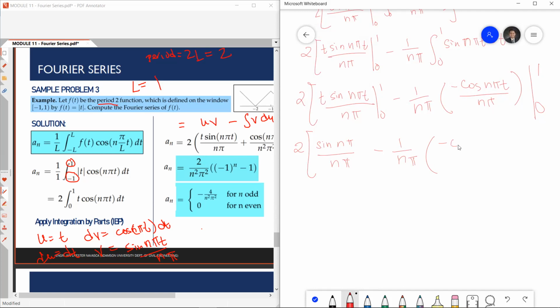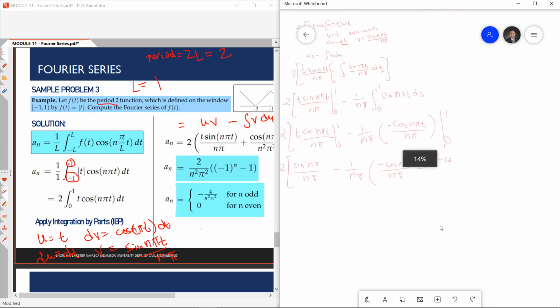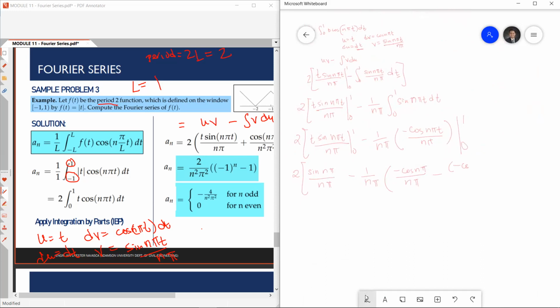Then minus yung negative cosine 0, n pi times 0 is 0. Okay, this one, negative cosine of 0 over n pi. Okay? Ayan.